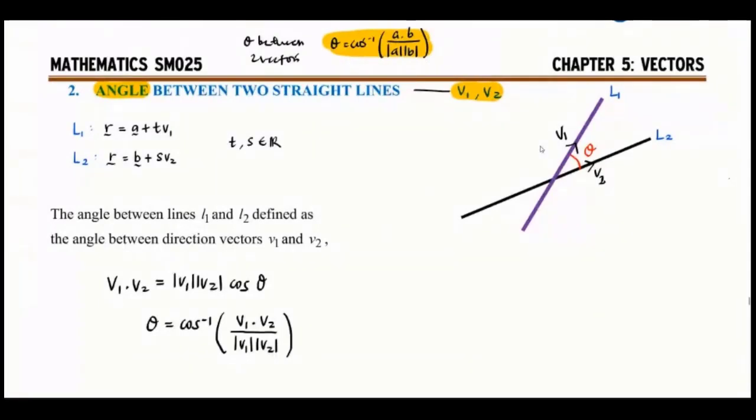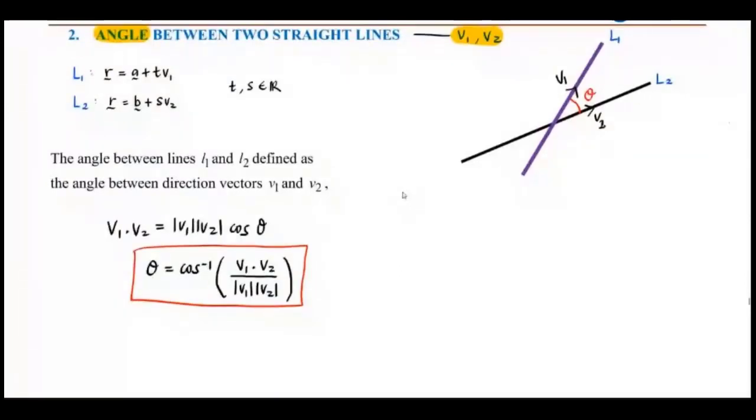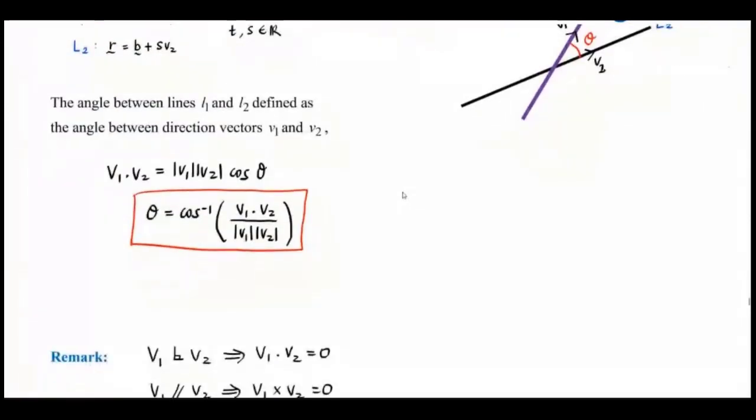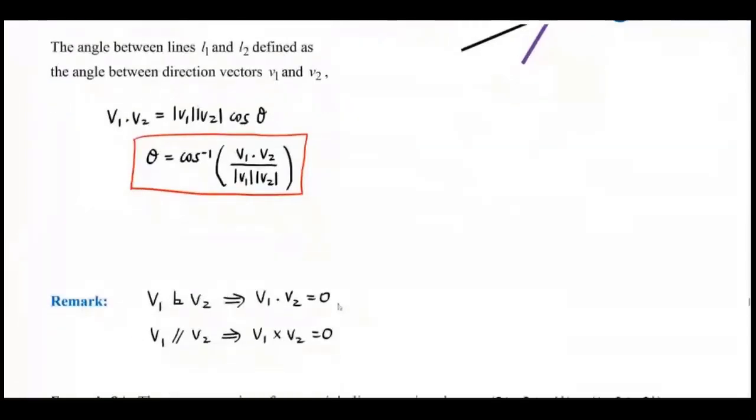So directly we have the formula to find the angle between two lines. Remarks: V1 is perpendicular to V2 if V1 dot V2 equals 0. And if V1 is parallel to V2, then V1 cross V2 equals 0. Okay, so that's the theory.